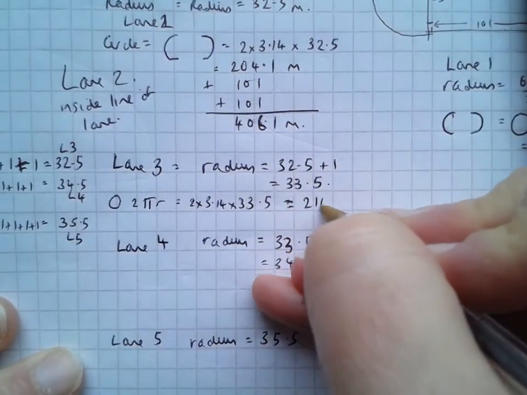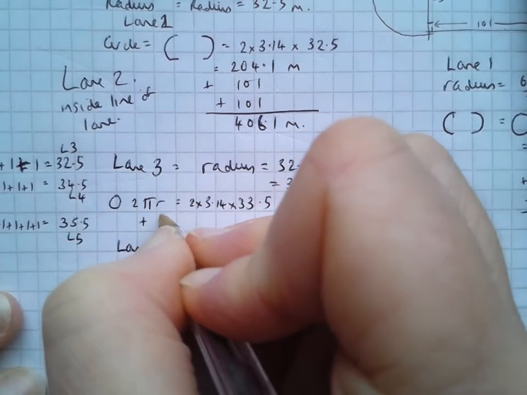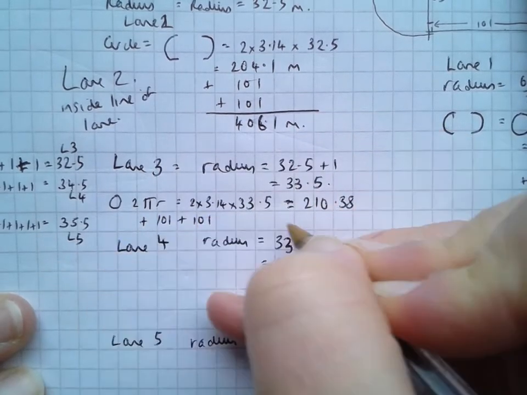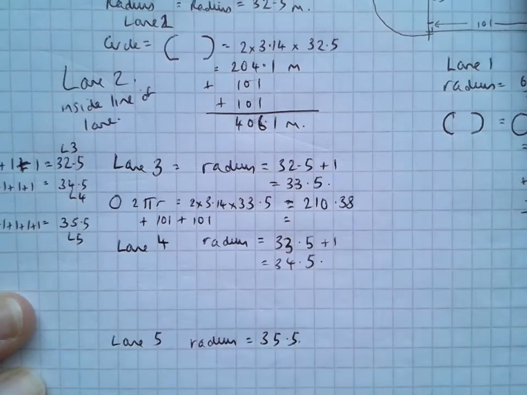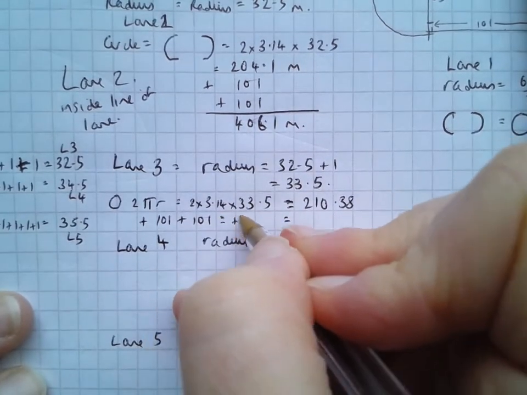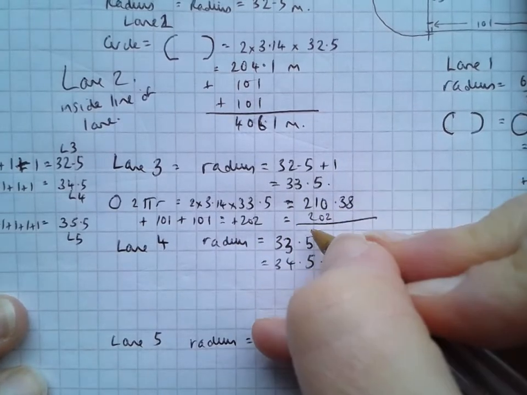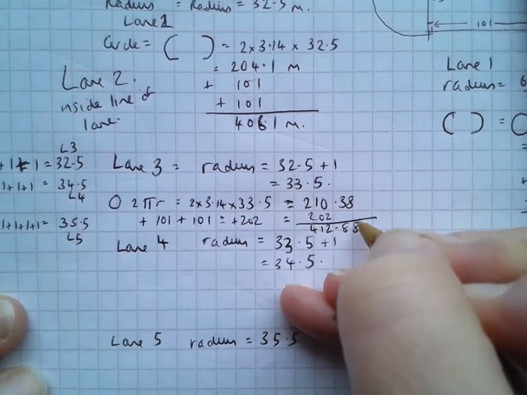And then we have to add on plus 101 plus 101, so 210 plus 202. Sorry, I didn't allow much space, but I'm not going to go back and do it again. So 412.88.